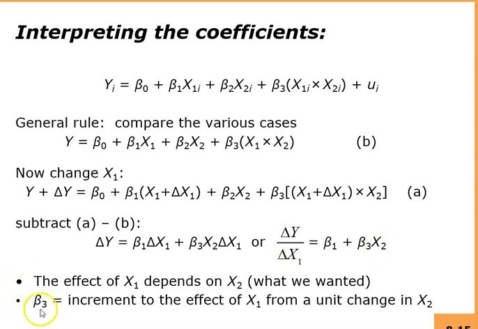So once again, beta 3 can be termed as the increment to the effect of x1 from a unit change in x2. Remember that x2 now is not a binary variable, so this is not the increment to the effect when x2 is equal to 1, but instead beta 3 is the increment to the effect of x1 from a unit change in x2.